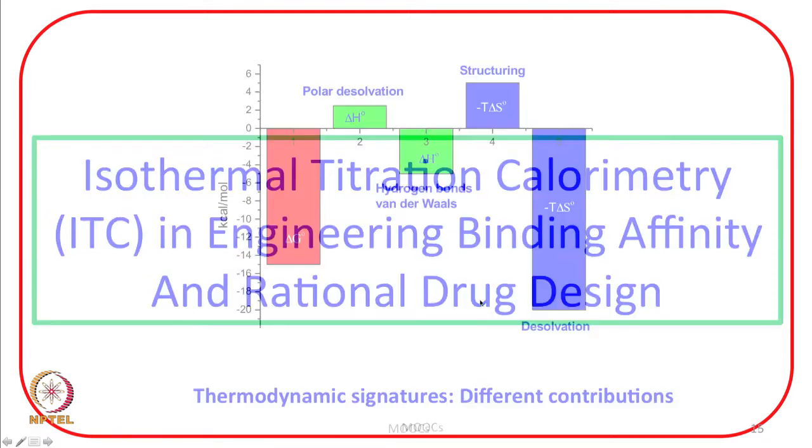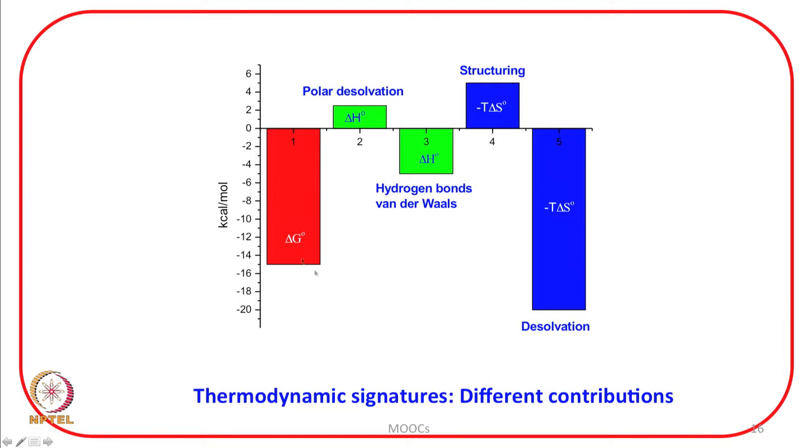The thermodynamic signatures help us identify the various causes which help in deciding how to engineer binding affinity in a given molecule, in a given potential drug, because delta G has to be negative when we want to achieve an affinity.